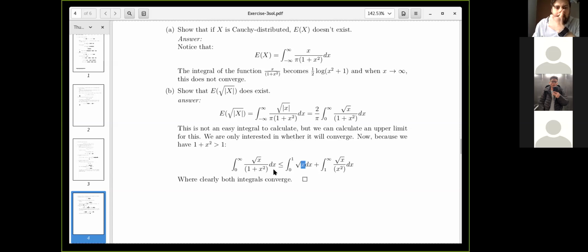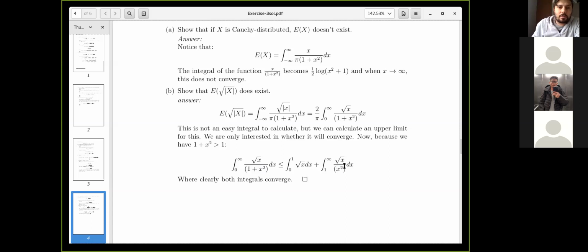And then for the values from 1 to infinity, we can divide by something smaller than x squared plus 1, namely just x squared. So this comes down to x to the 3 over 2, which from 0 to 1 is fine.